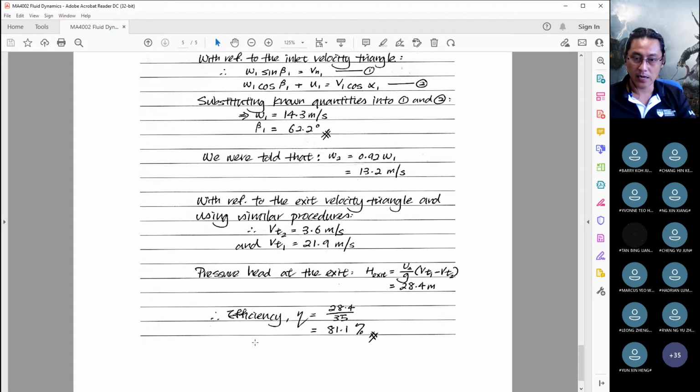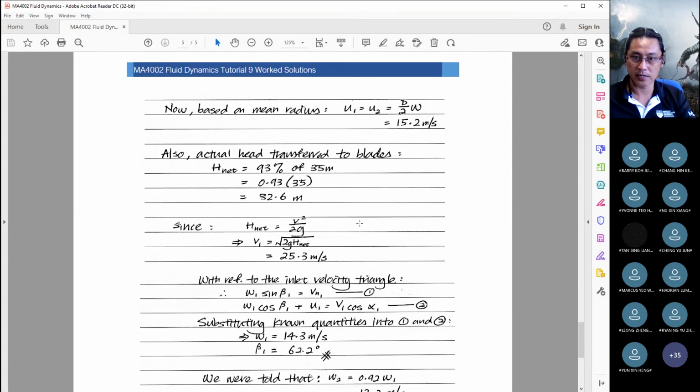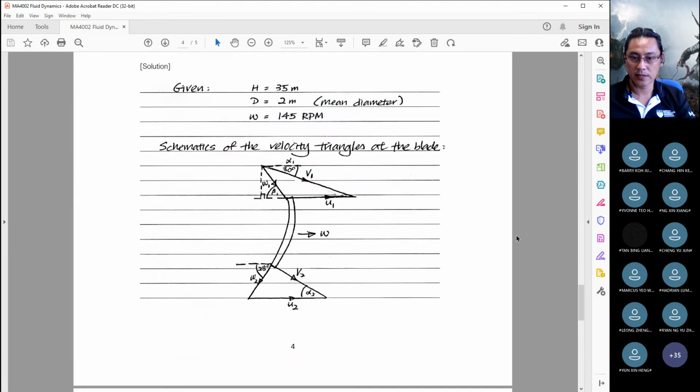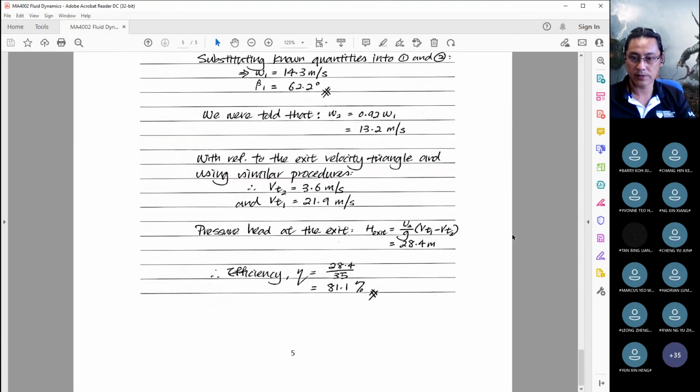The hydraulic efficiency can be found by taking this 28.4 meters divided by the theoretical total head that the water is supposed to have. So take 28.4 divided by 35, and the hydraulic efficiency can be estimated to be about 81.1%. And that's going to do it for tutorial 4.